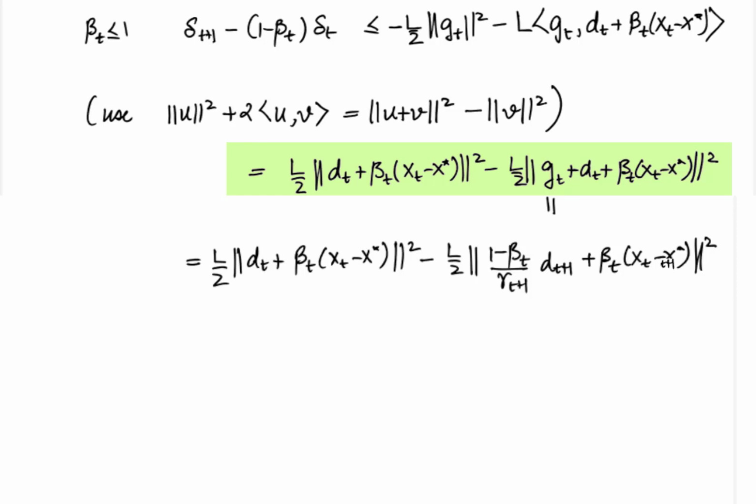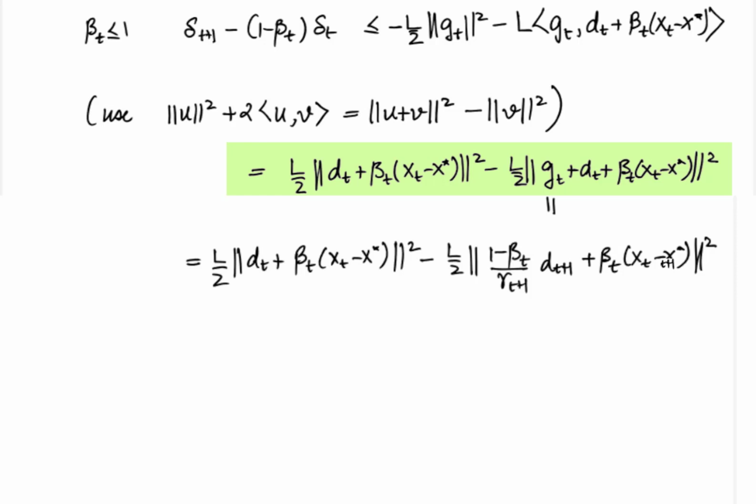Now we are at the final step. We just need to multiply both sides by a term that allows us to carry out this telescopic sum. Of course, in addition to that, we would also need to specify the β and γ sequences. So let us multiply both sides by 1/β_t².